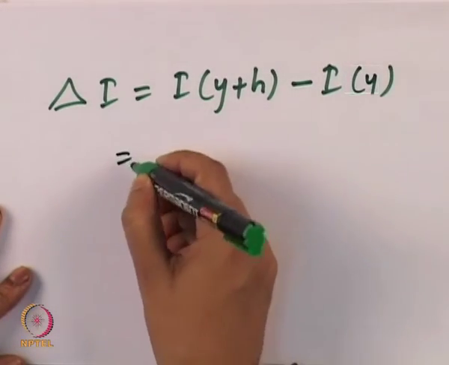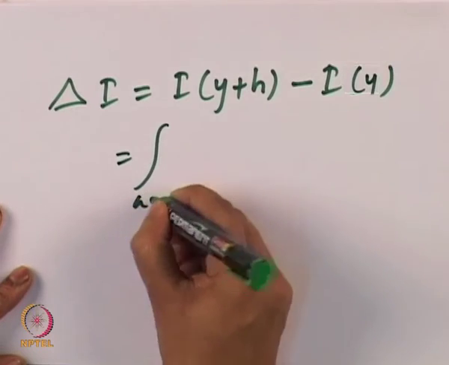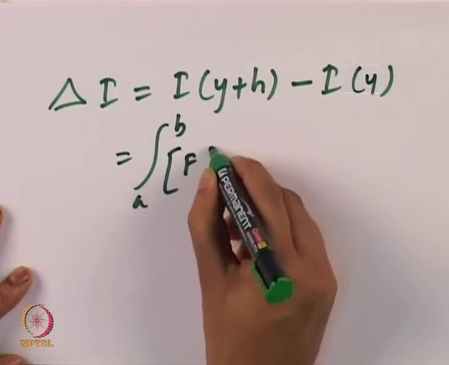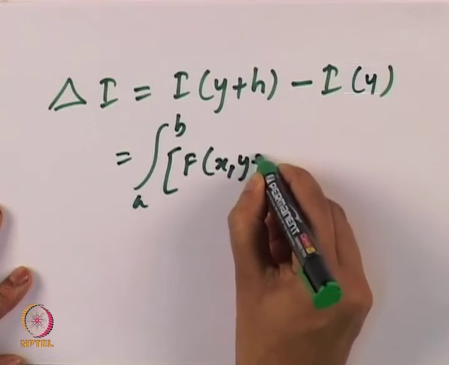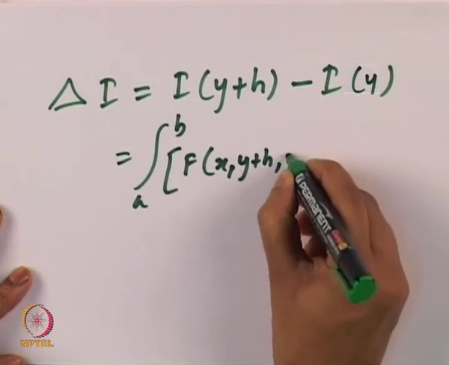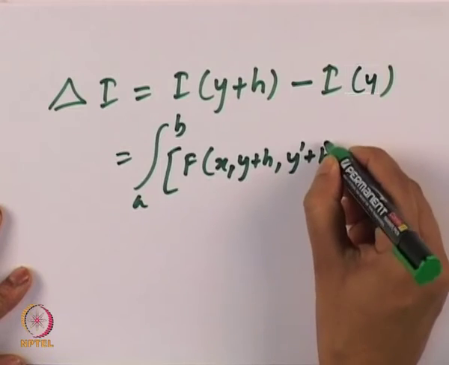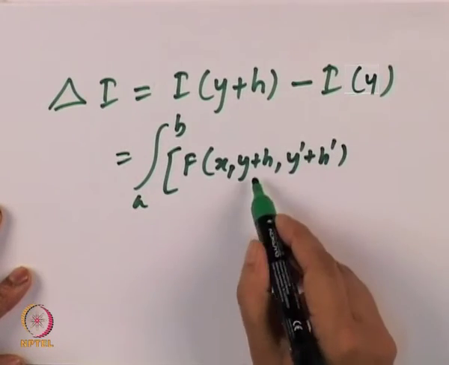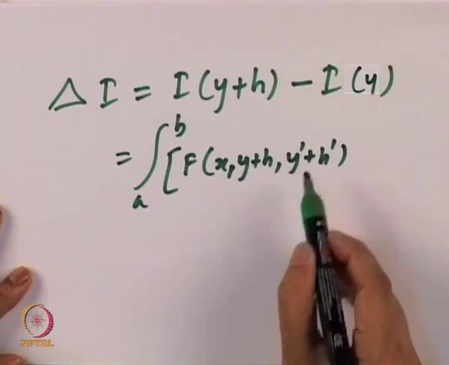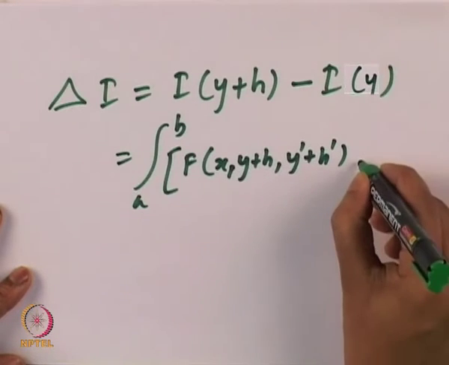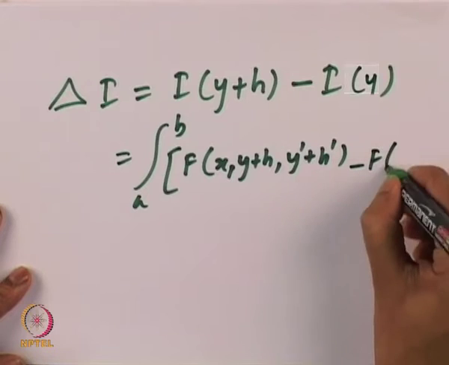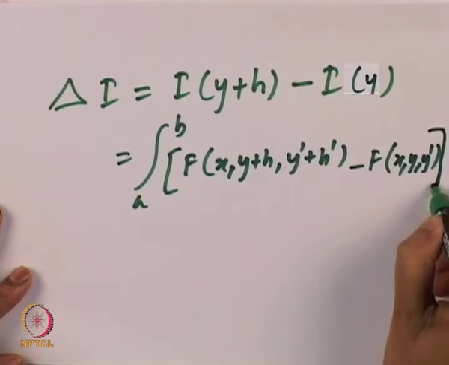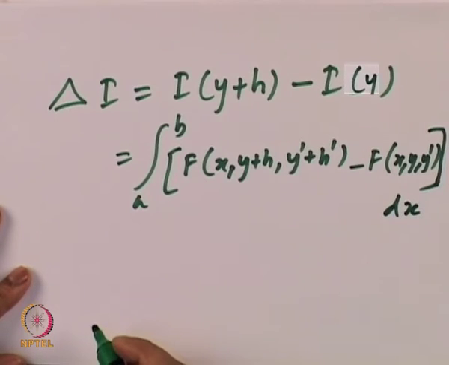So this is equal to integral a to b, f of x comma y plus h comma y dash plus h dash. Let us say there is also a variation with respect to y dash, because it is changing with respect to y, it is also going to change with y dash, minus f of x comma y comma y dash, the entire thing into dx.